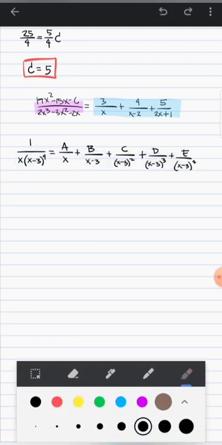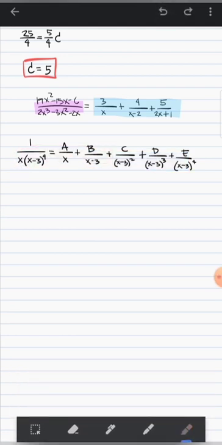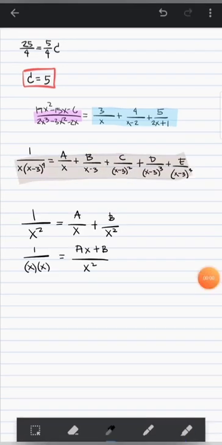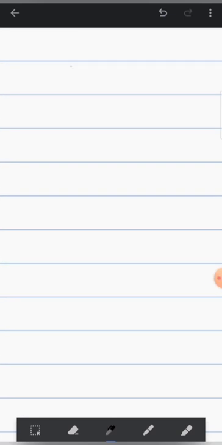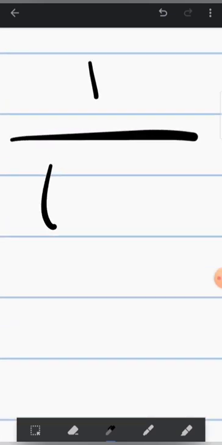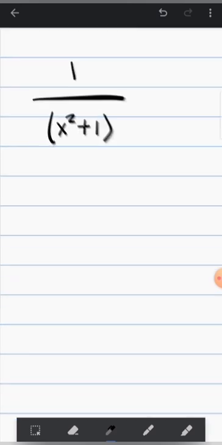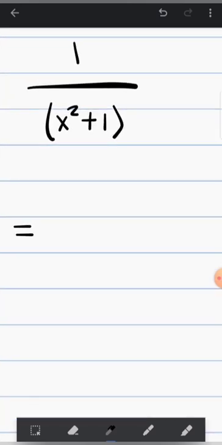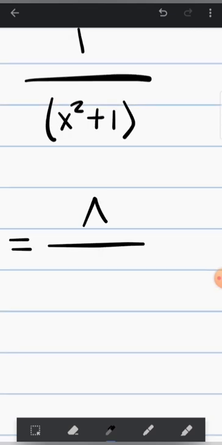I hope you learn something from this video. Another case is when we have a denominator with factors that are irreducible, just like this one, x squared plus 1. If we have that, we just have to equate that to a constant.